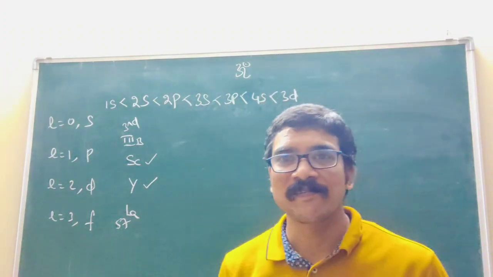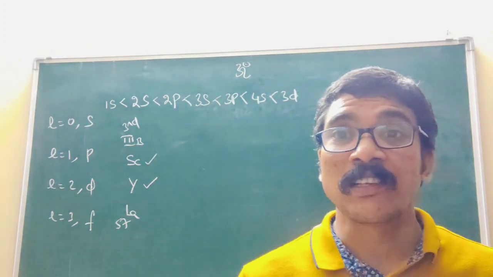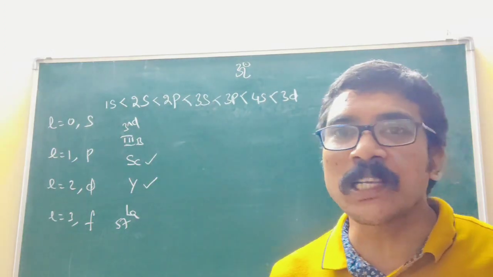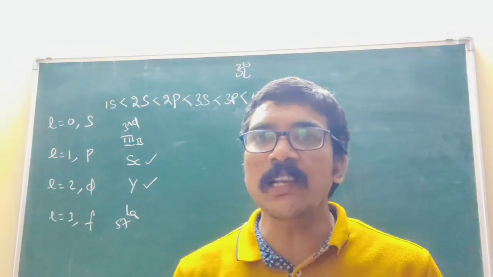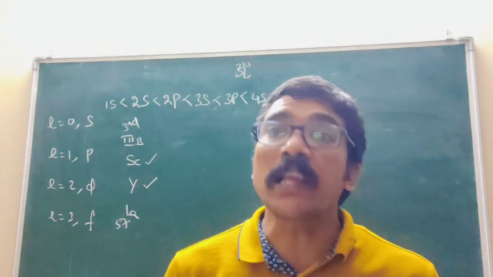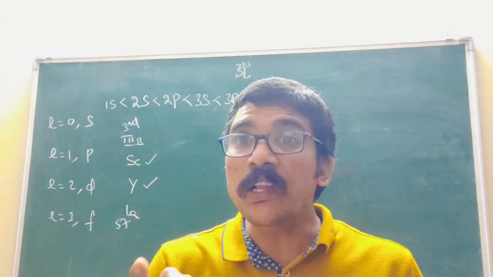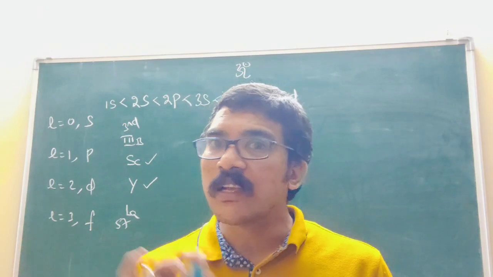What is your answer? Majority of you think, sir, it is the first position. No. Lanthanum is not the first element in the lanthanides. After lanthanum, the remaining 14 elements are called lanthanides.